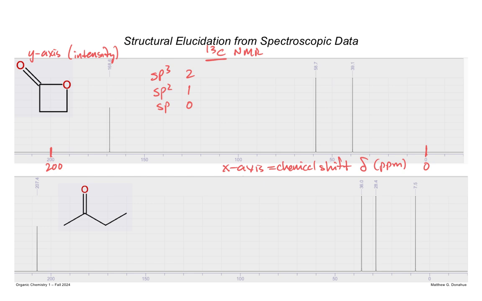What about for the ketone? So you have 3 sp3, 1 sp2.